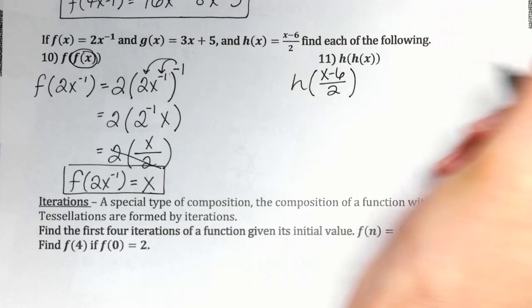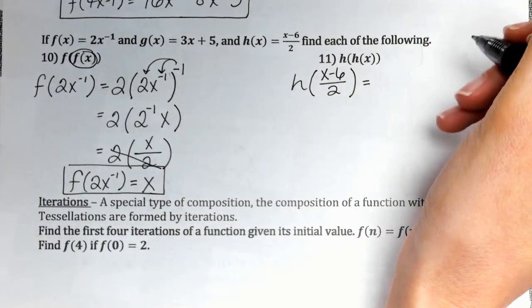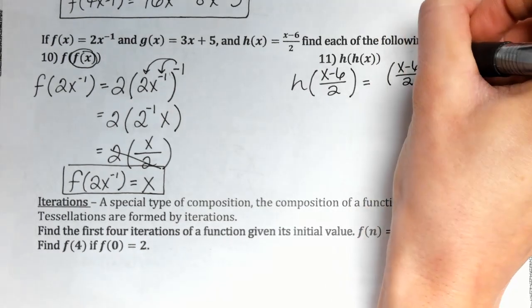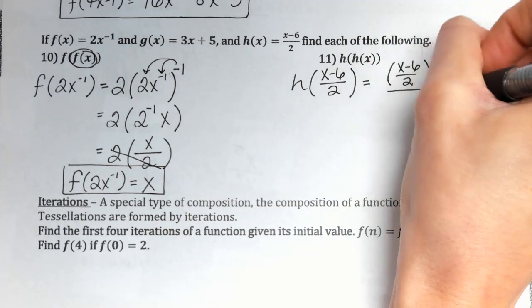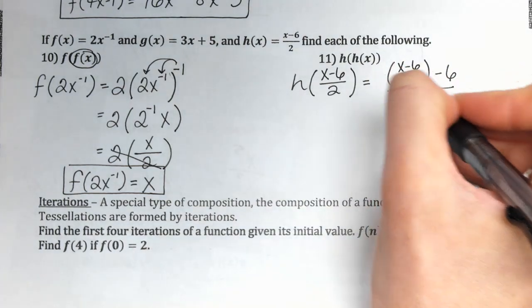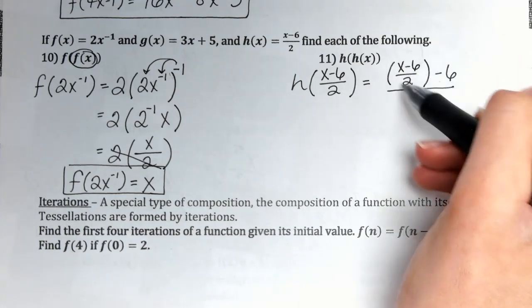very good. So I'm plugging in the entire x minus 6 over 2 for that x, and then minus 6 over 2. Okay? I want to make these common denominators so that I can clean up the numerator.